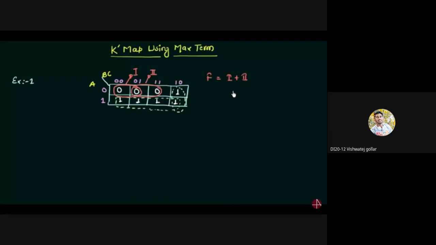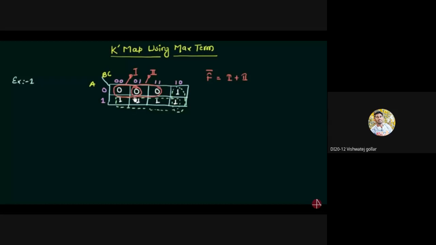But remember one thing which is very important is that in this type of K-map, when you are grouping the zeros, the function should be complement, because the value of the output f is false. What are the zeros and ones we are filling in these cells?